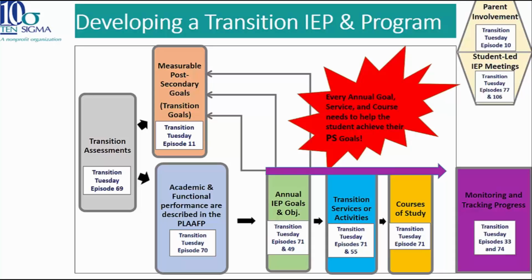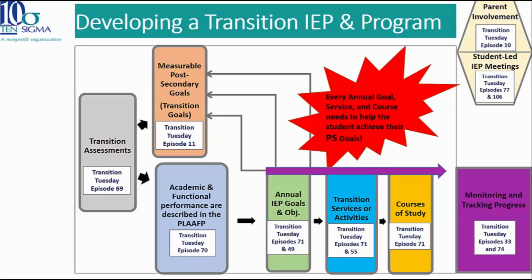Starting with transition assessments, Episode 69 has both formal and informal academic and functional age-appropriate transition assessments. If you follow the arrow up and to the right, Episode 11 is a formula for 100% compliance for writing post-secondary goals. Now let's move down the chart to the black arrow going to the right for the PLAAFP.